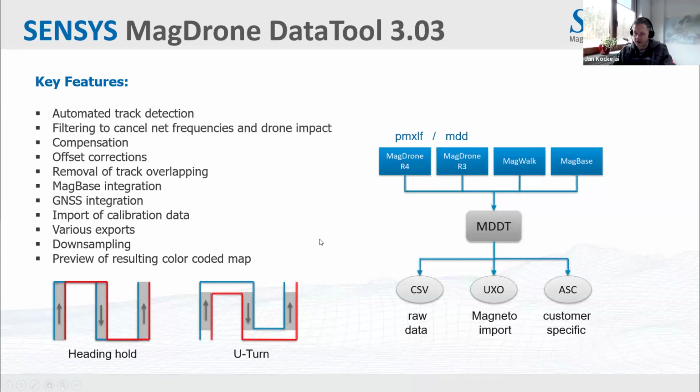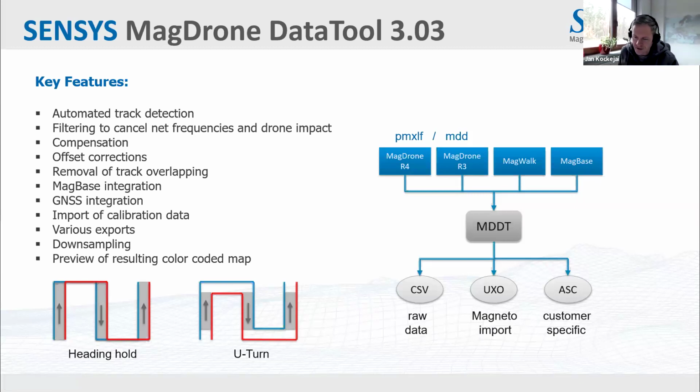And of course, there are a lot of features in the background of the tool that the user doesn't recognize. For example, whether you fly with a U-turn or you use heading hold. So in this case, the blue line is the first sensor and the red line is the second sensor.